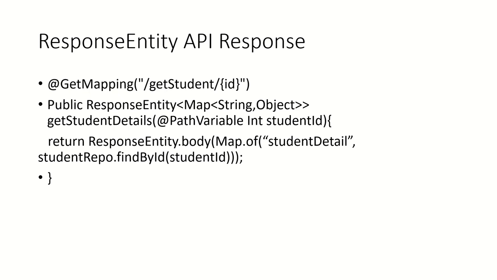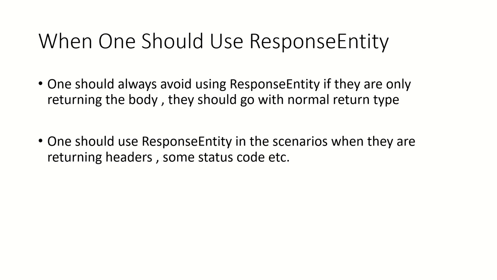Okay, so let me go to the next slide to discuss when one should use response entity. One should always avoid using response entity if they are only returning the body. They should go with the normal return type. One should use response entity when they are returning headers or some status code along with the body as the return type of that API.